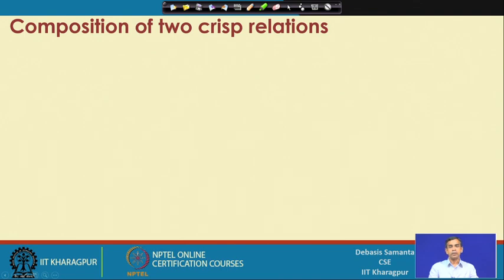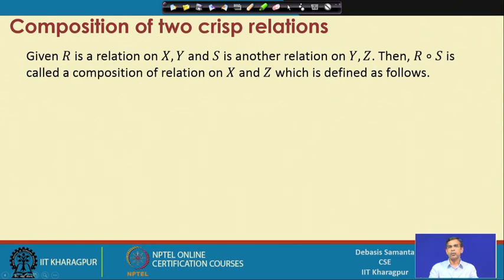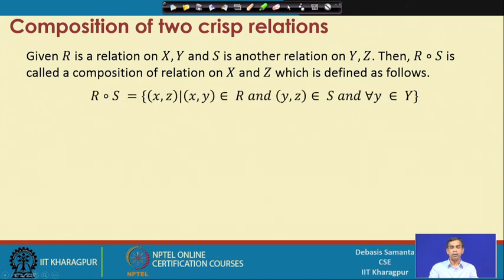Now, there is another important operation, called composition, and composition is widely applicable in the context of fuzzy relations. The composition operation is denoted by this symbol, R composition S. That means from two relations we can find another relation.